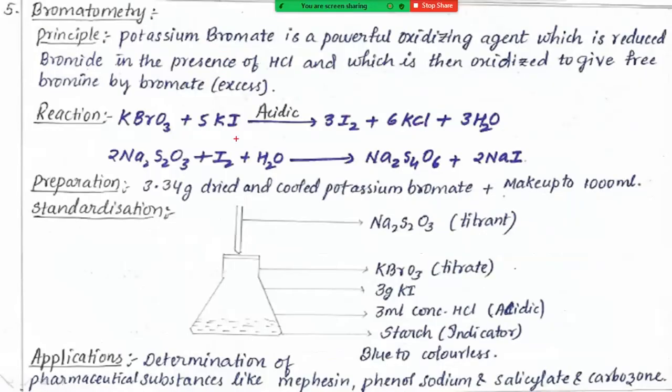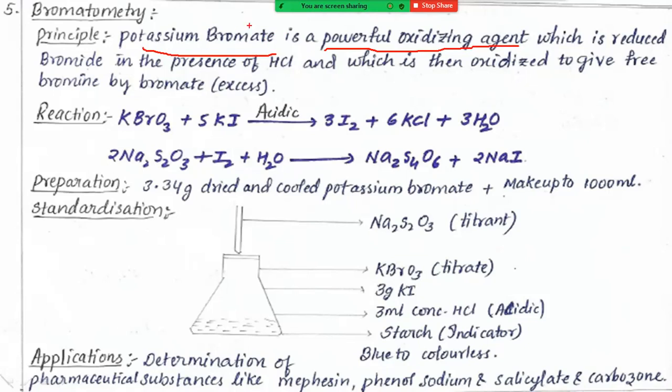In bromatometry, we are using potassium bromate. That's why this is called bromatometry. Potassium bromate is also a powerful oxidizing agent. Why? Because electronegative elements such as bromine, fluorine, and oxygen have p orbitals, which act as strong oxidizing agents.